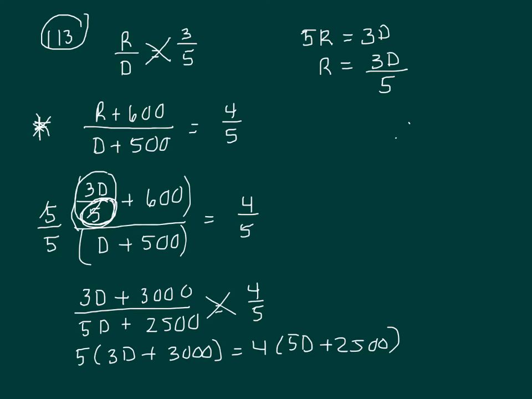Now multiply through, and that gives you, well, what's the problem here? That gives you 15D plus 15,000. And on the other side, I've got 20D, multiplied through by 4, plus 10,000.